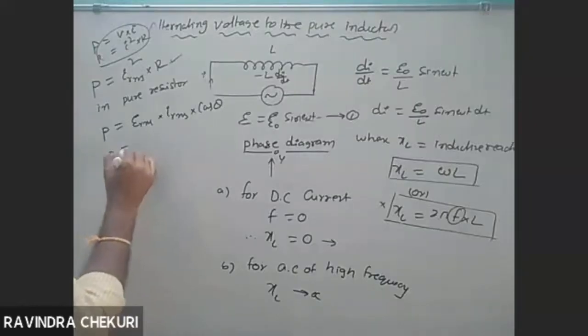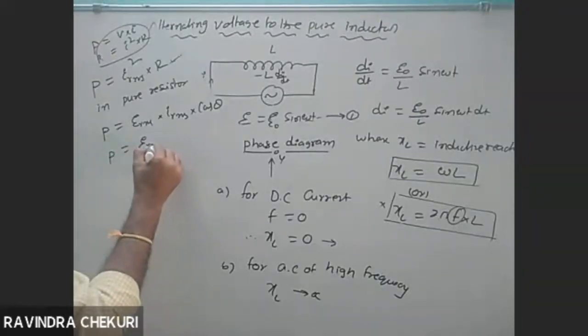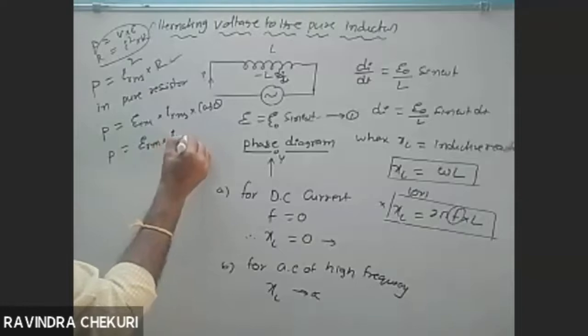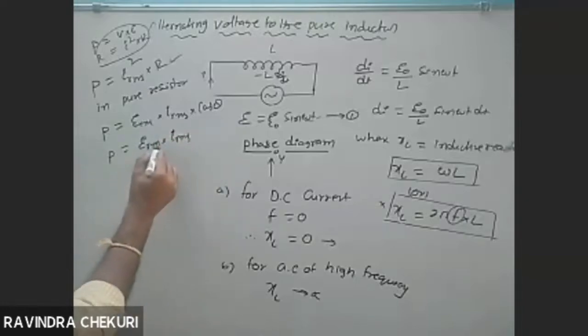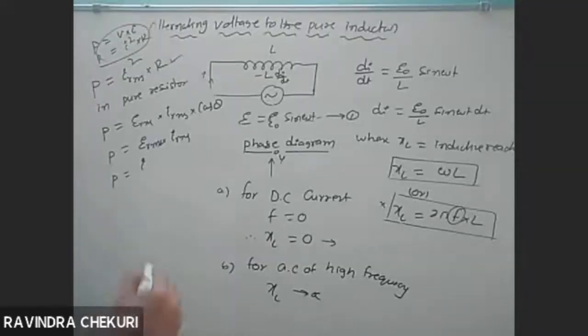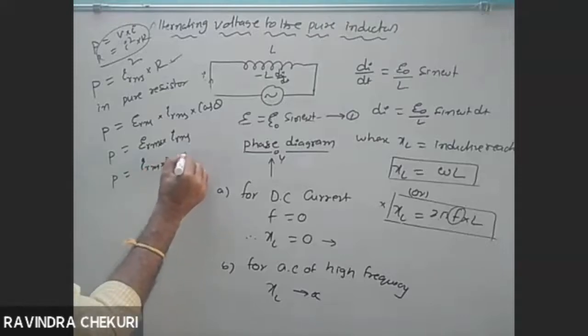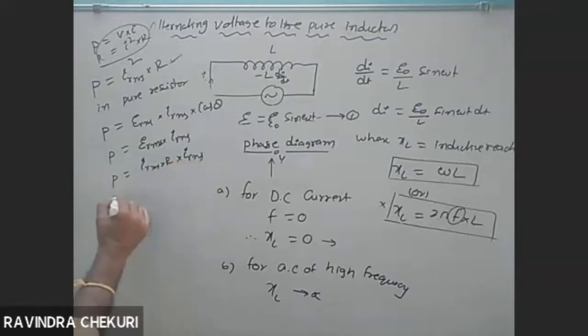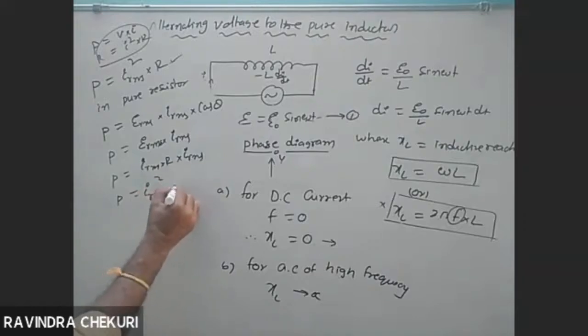So power consumption is ERMS into IRMS. But for a pure resistor, V is equal to IR, so ERMS is IRMS into resistance. So power consumption is IRMS square into R.